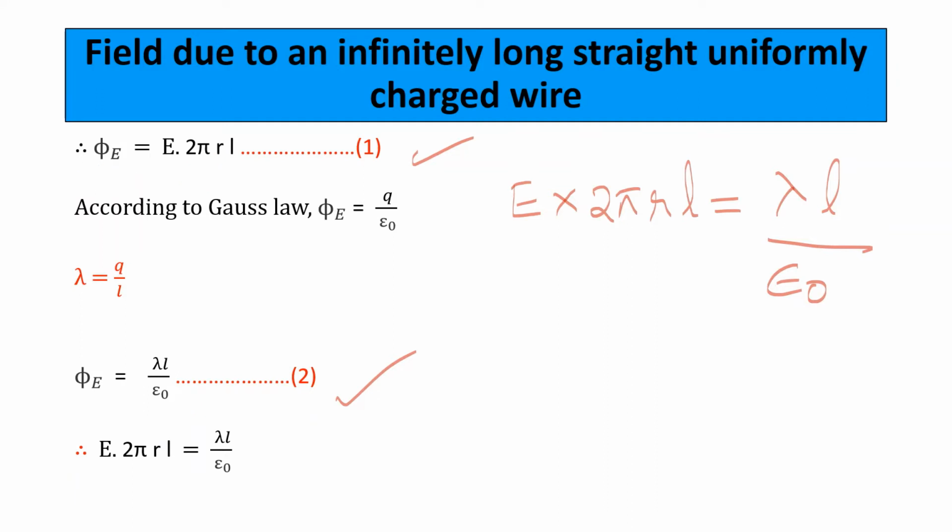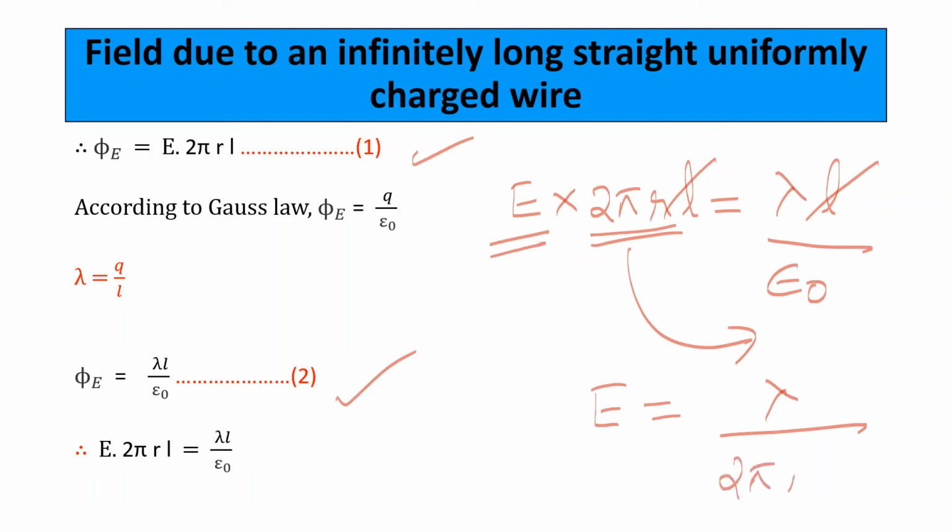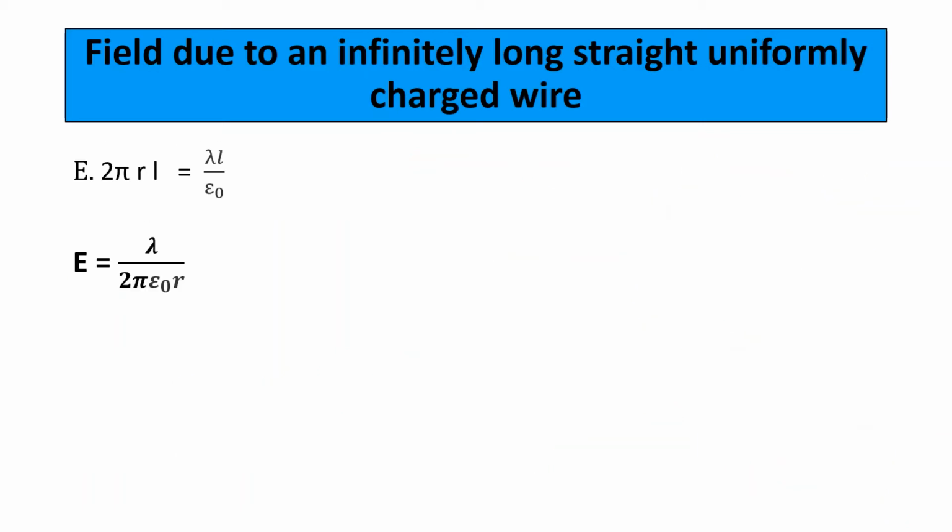L and L you can cancel on both sides. You need to find out E. Therefore, take this 2 pi R to the right hand side. E is equal to lambda by 2 pi R epsilon naught. This is the expression for electric field. Remember this expression for electric field for an infinitely long straight uniformly charged wire. E is equal to lambda by 2 pi epsilon naught R.